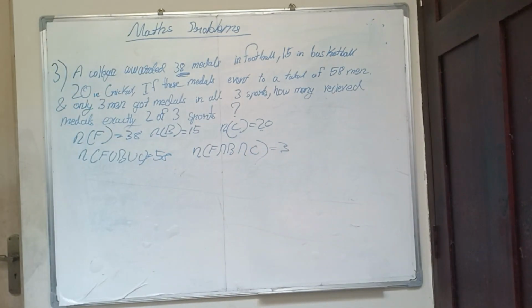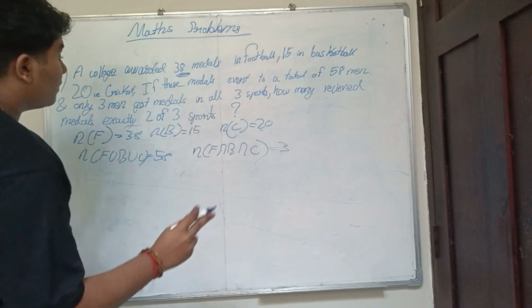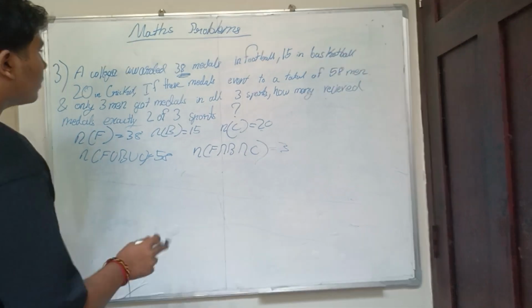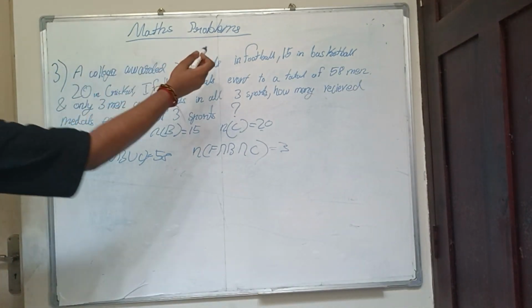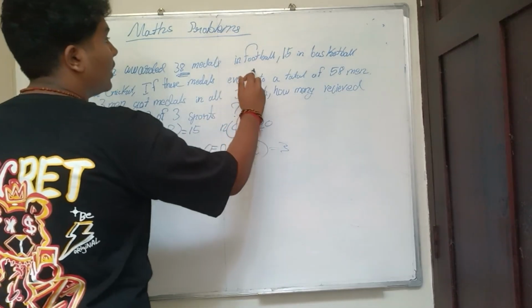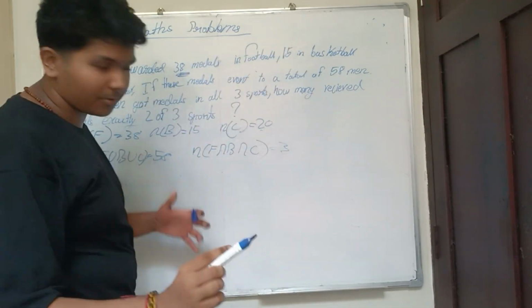Now there is a formula with which you will get the total number. What we have to find is how many received medals in exactly 2 of 3 sports. So there are 3 sports, football, basketball, cricket. We have to find those with football and basketball but no cricket, or football and cricket but no basketball, like those.